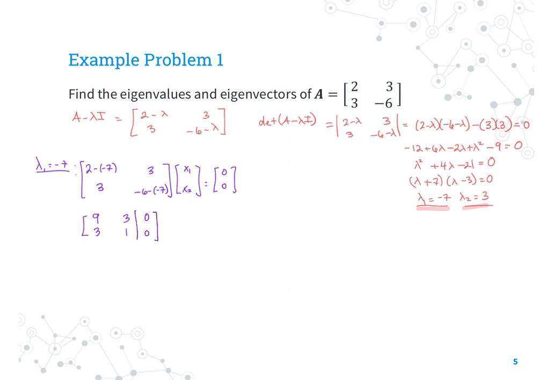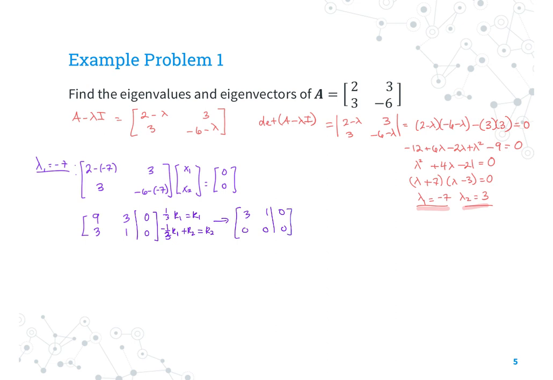And we can transform this by saying, okay, I can take negative 1/3 row 1 and add it to row 2 to get my new row 2. And I can take 1/3 of row 1 to be my new row 1. And I end up with 3, 1, 0, 0, 0, 0.